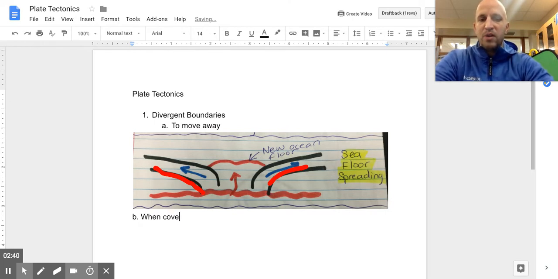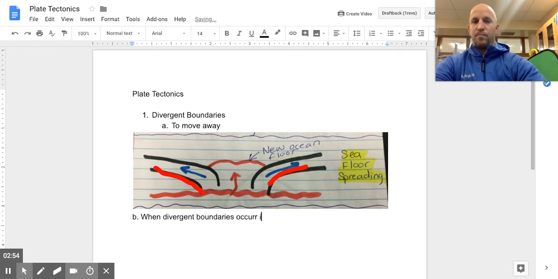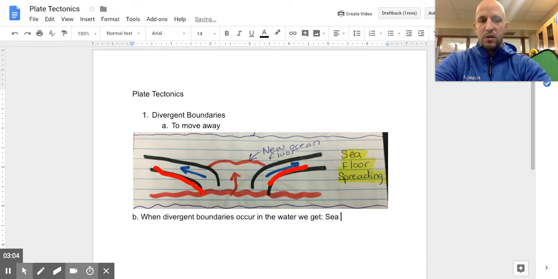When divergent boundaries occur in the water, we get seafloor spreading.